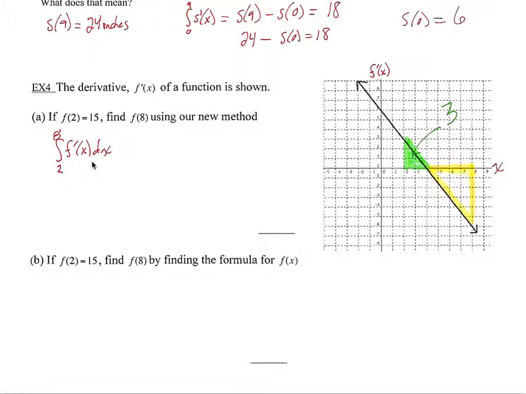So we have this area here. That total area, if you count up the boxes in there, ends up being 12.